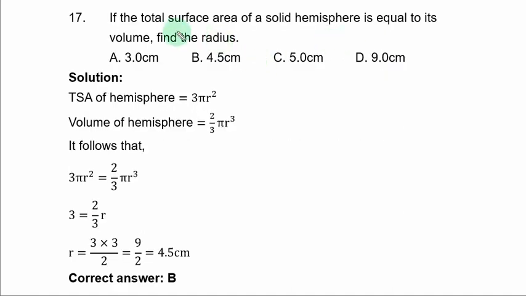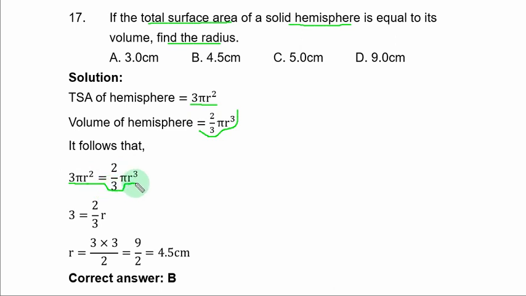Question 17. If the total surface area of a solid hemisphere is equal to its volume, find the radius. For a hemisphere, total surface area is 3 pi r squared, and the volume is 2 over 3 pi r cubed. Since both are equal, you have 3 pi r squared equal to 2 over 3 pi r cubed.